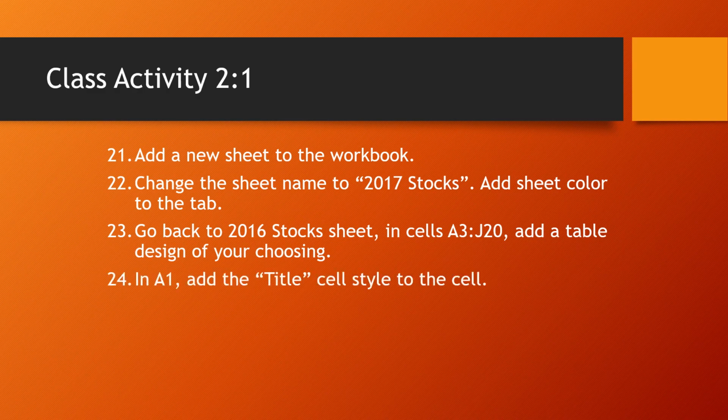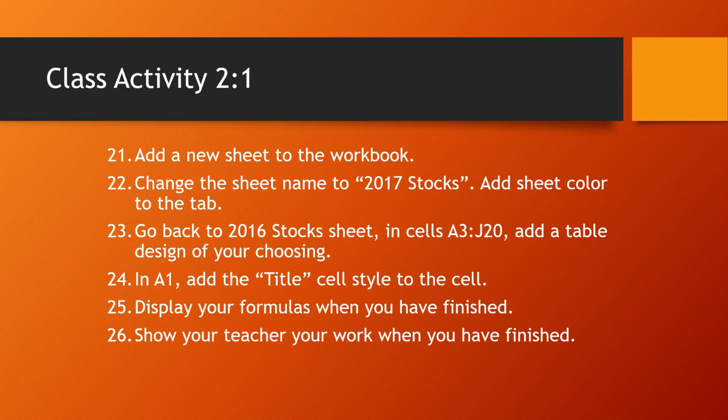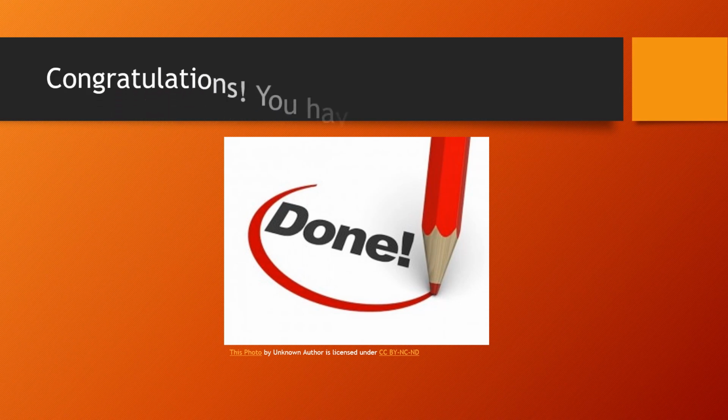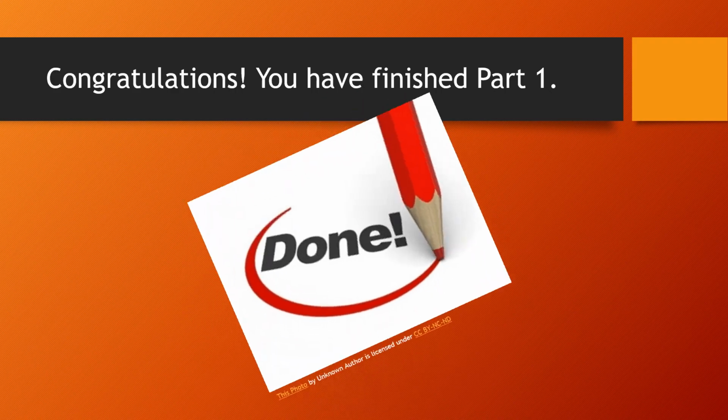In A1, add the title cell style to the cell. Display your formulas when you have finished. Show your teacher your work when you're done. Congratulations, you have just finished part 1.